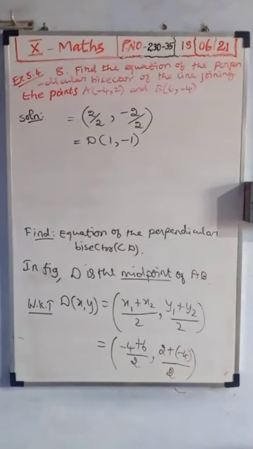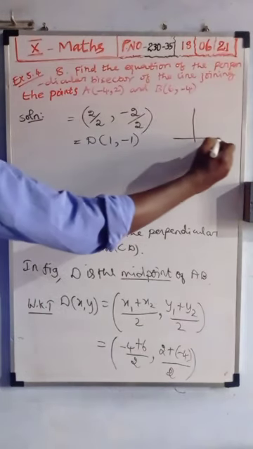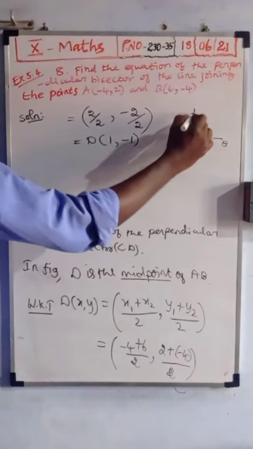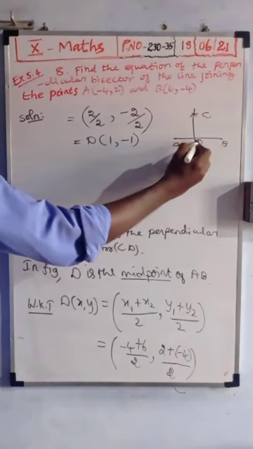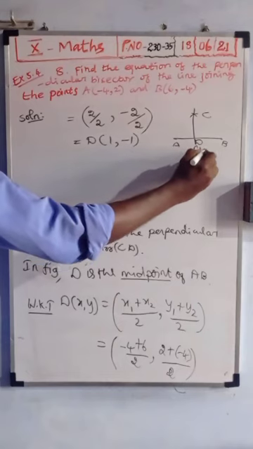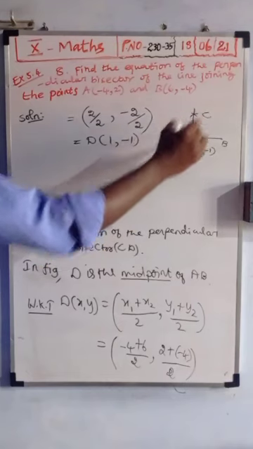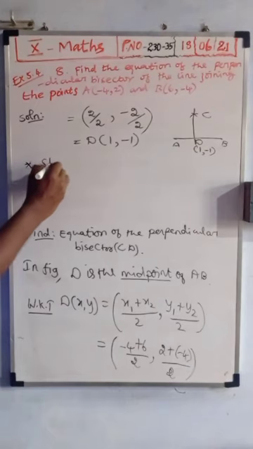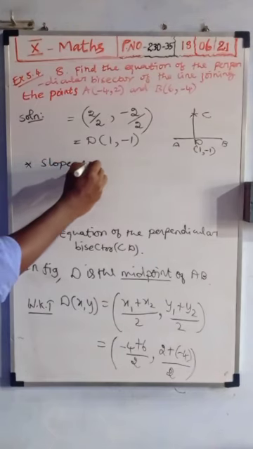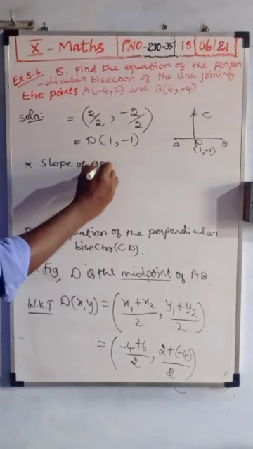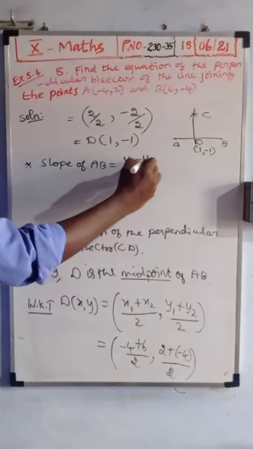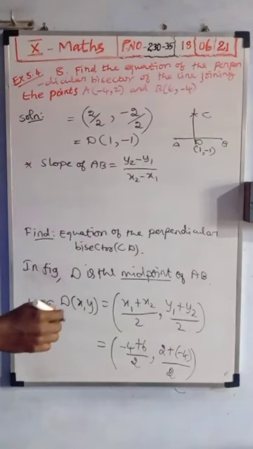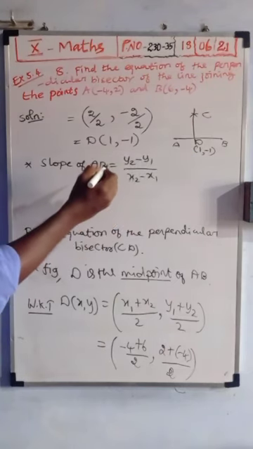Now from that figure we received this. See here A, B, here D point, here C point. From that figure the D point we received is 1 comma minus 1. Next we want the CD slope. Then next we want to find the slope of AB, which is y2 minus y1 by x2 minus x1. Then only we will get the slope of CD.